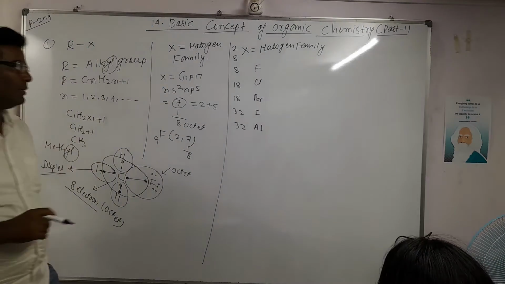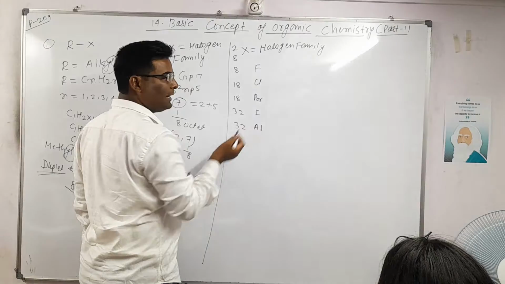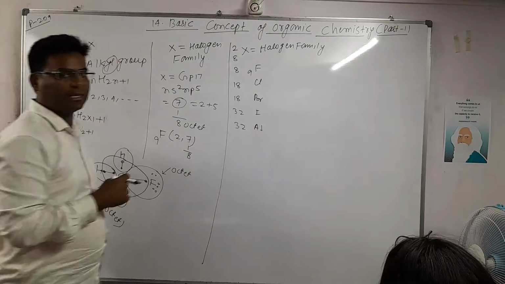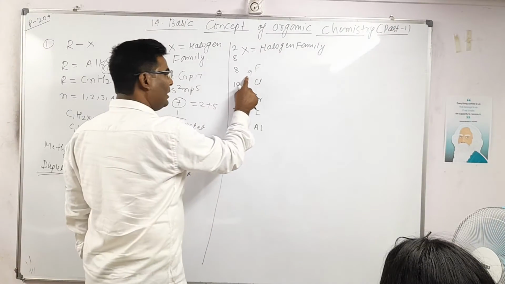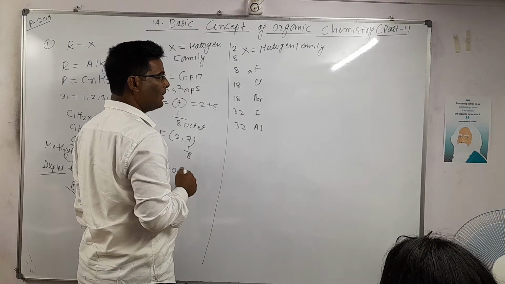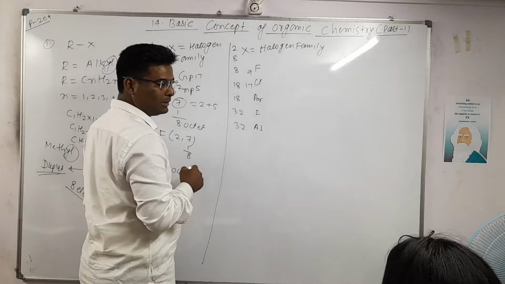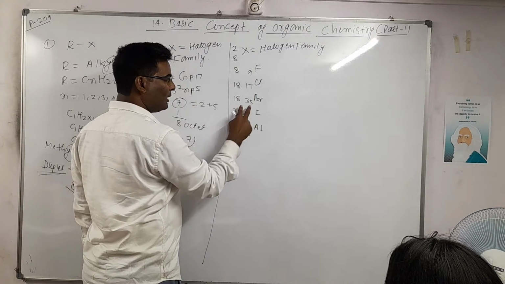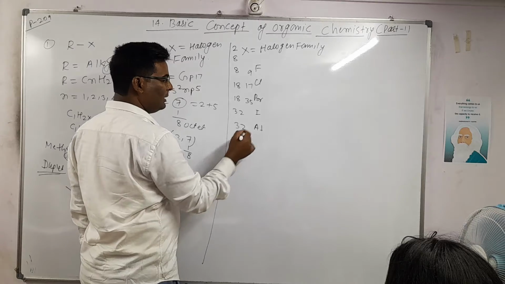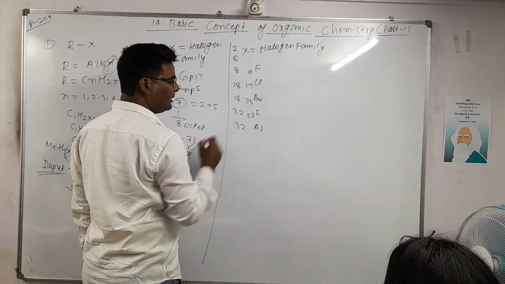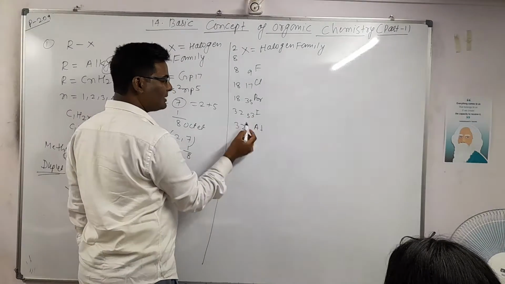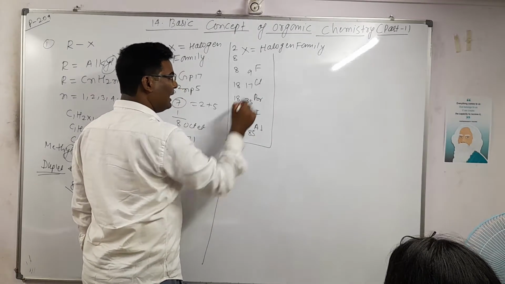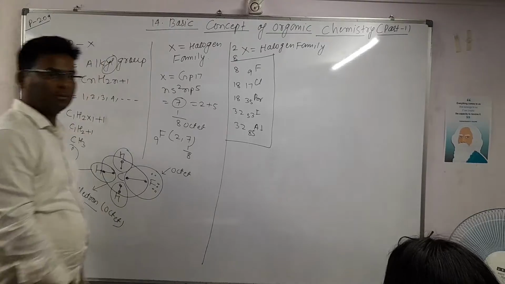This pattern you have to follow for writing the next atomic number, right? As we know, atomic number of fluorine is 9. Now add 9 plus 8, it is 17. Now add 17 plus 18, so it will be 35. Now add 35 plus 18. It is how much? 53. Now add 53 plus 32, it will be 85. So this is your halogen family, right?